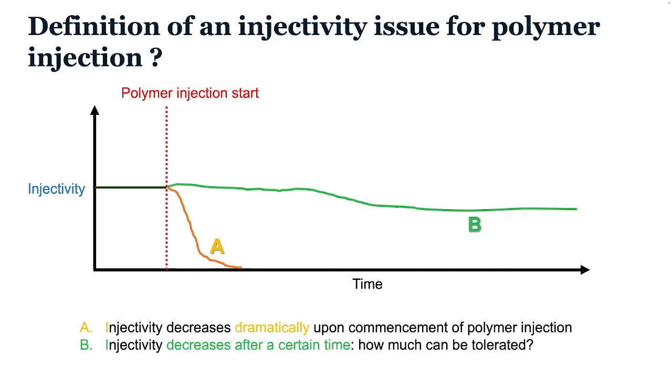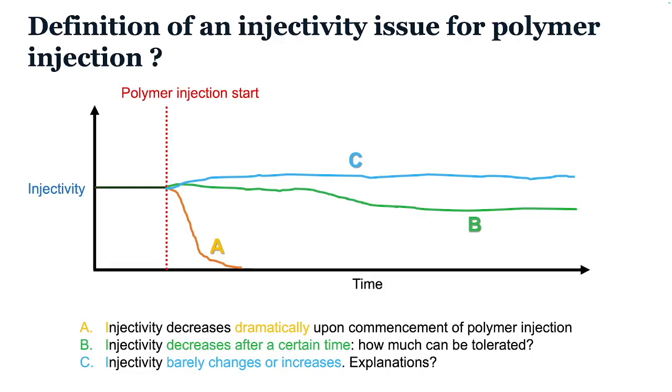So then there is scenario B, where the injectivity starts to decrease after some time, which just means that you might be mobilizing an oil bank and everything is working very fine. You have no problem. So the only question is how much injectivity can you afford to lose, which is a different question. And then there is C, where injectivity barely changes or increases over time.